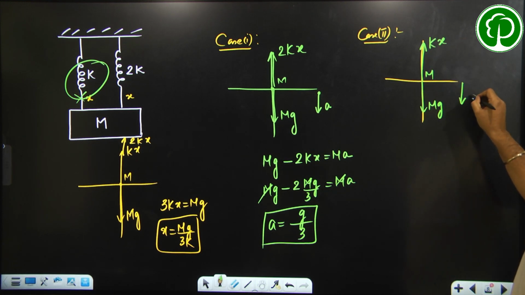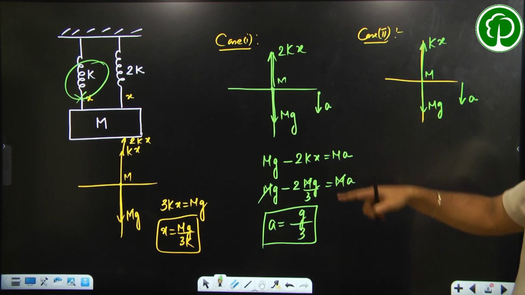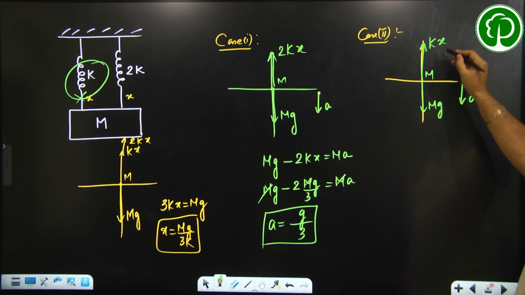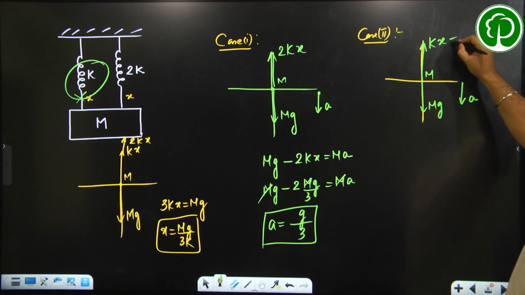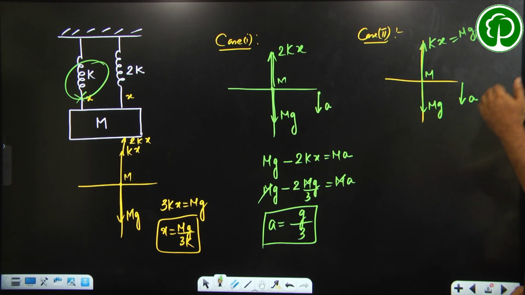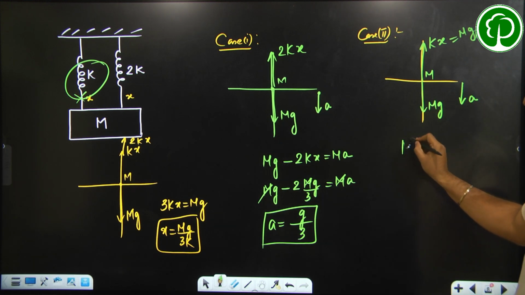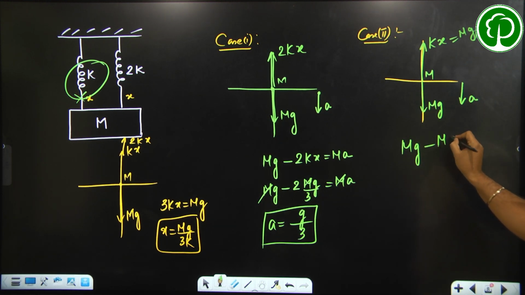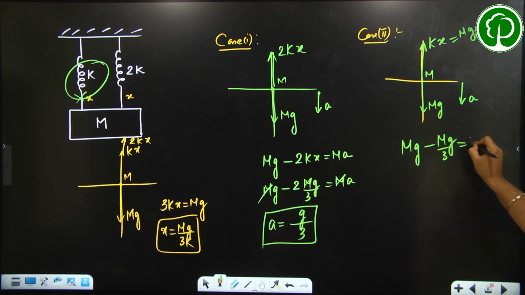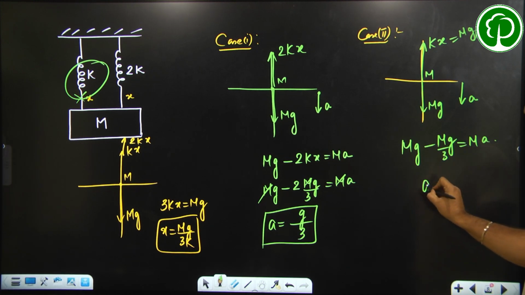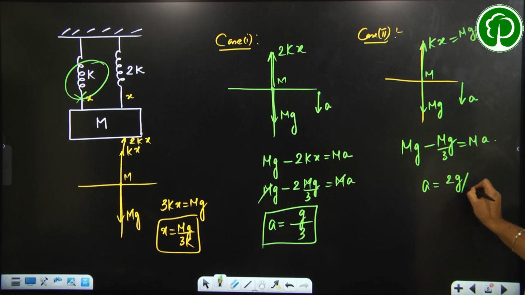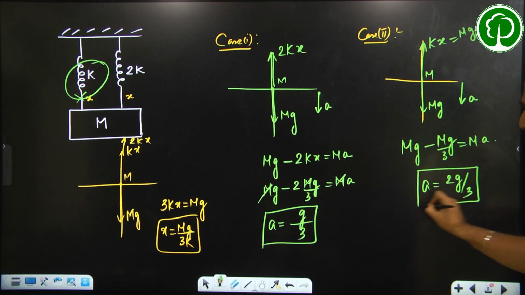Definitely the block would accelerate down because mg is equal to 3kx in magnitude. X did not change, so kx will be equal to mg by 3. So mg is acting down and mg by 3 is up. The equation would be mg minus mg by 3 is equal to m into a. So a is equal to 2g by 3 downwards.